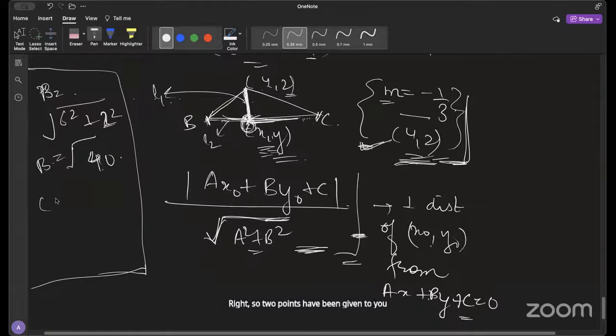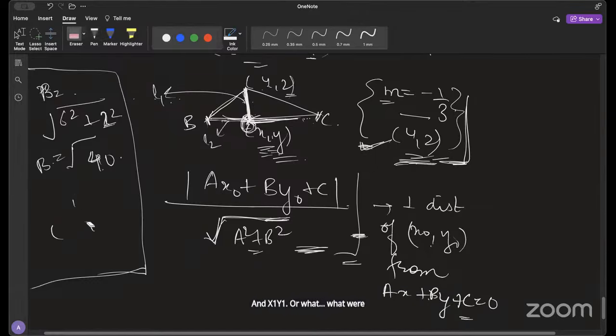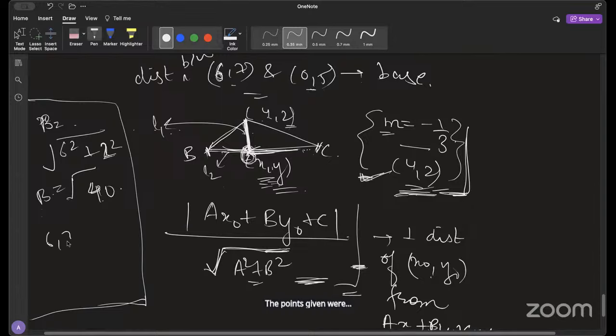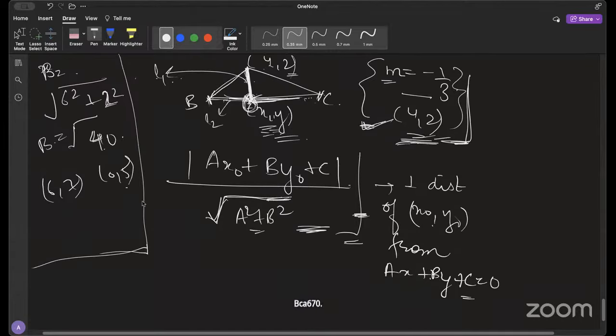The points given were 6, 7, and 0, 5. So B is (0,5), C is (6,7), A is (4,2).